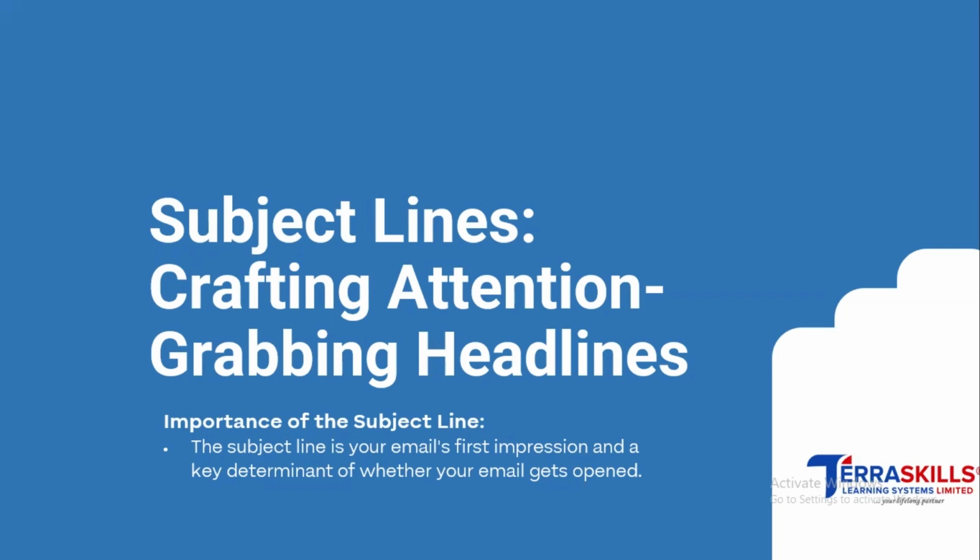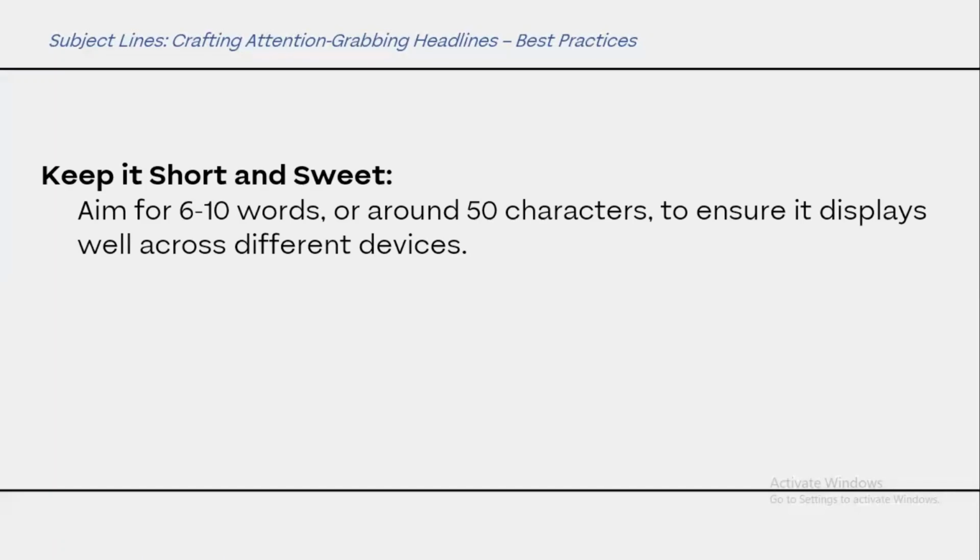If your subject line is attention-grabbing and shows relevance based on your segmented audience, you are sure to have high open rates. Now, the first tip is to keep your subject line short and sweet. Aim for 6 to 10 words or around 50 characters to ensure it displays well across different devices.